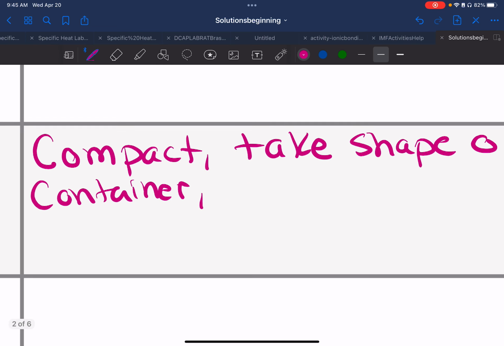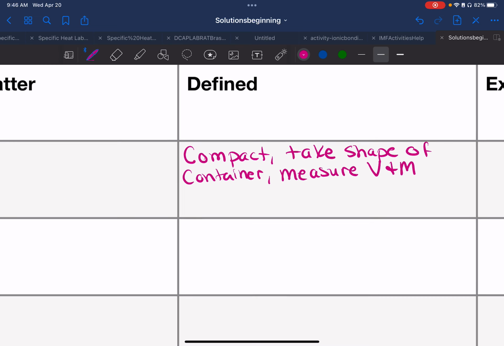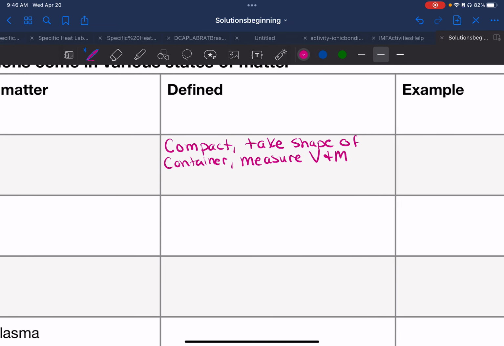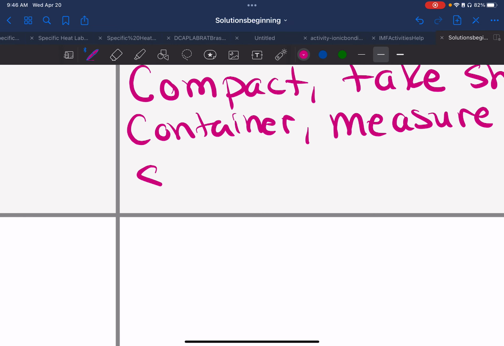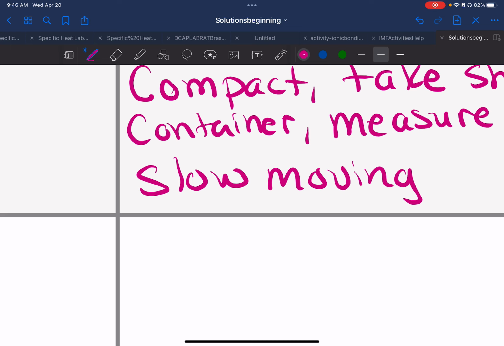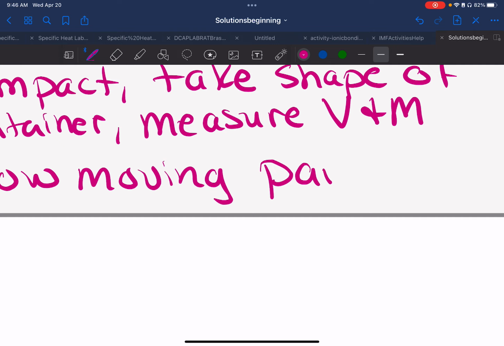I also sometimes get that you can measure volume and mass. Okay. Slow moving particles, because they are still moving, just moving very slow.